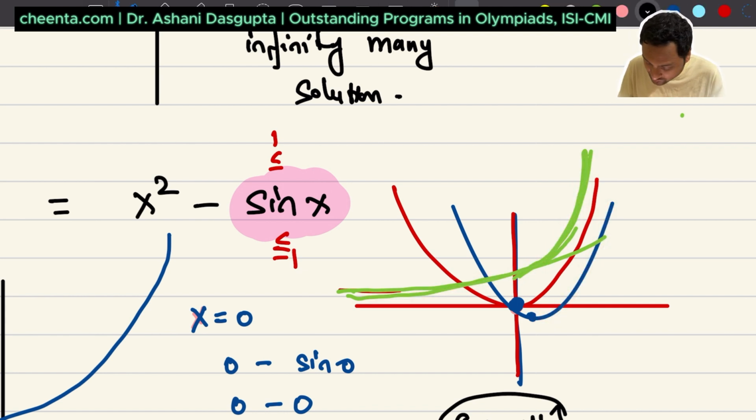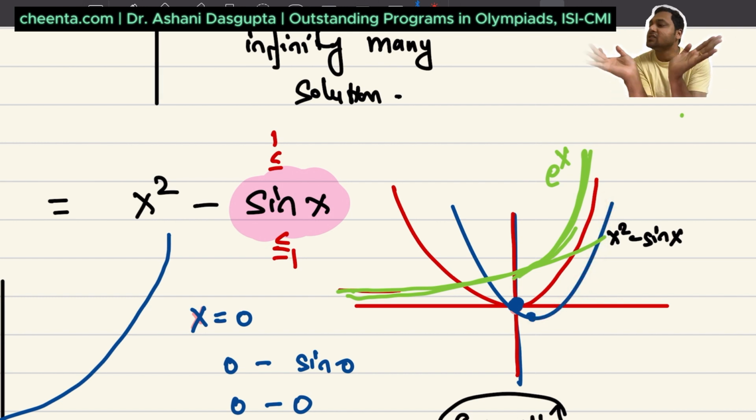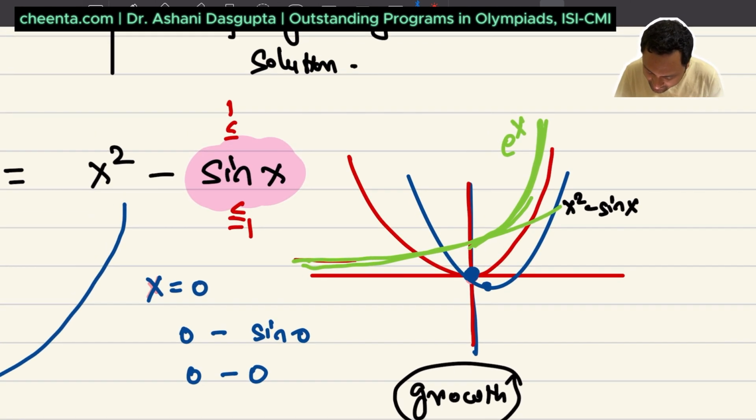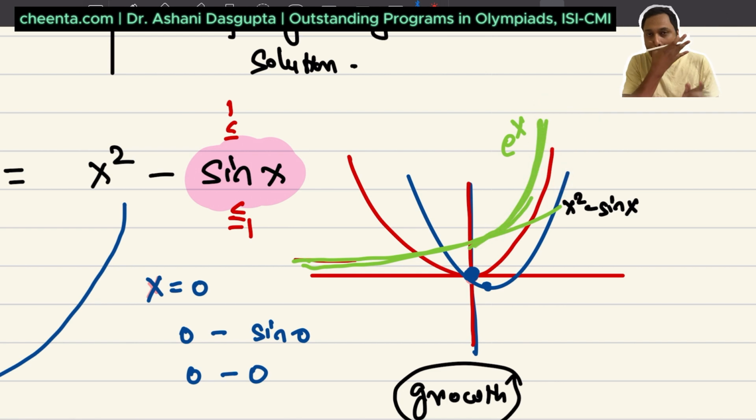The blue function is x squared minus sine x, and the green function is e to the power x. Therefore, this arm will sort of spread out, and this green thing will shoot up faster. This distance will always diverge; they will diverge from each other.